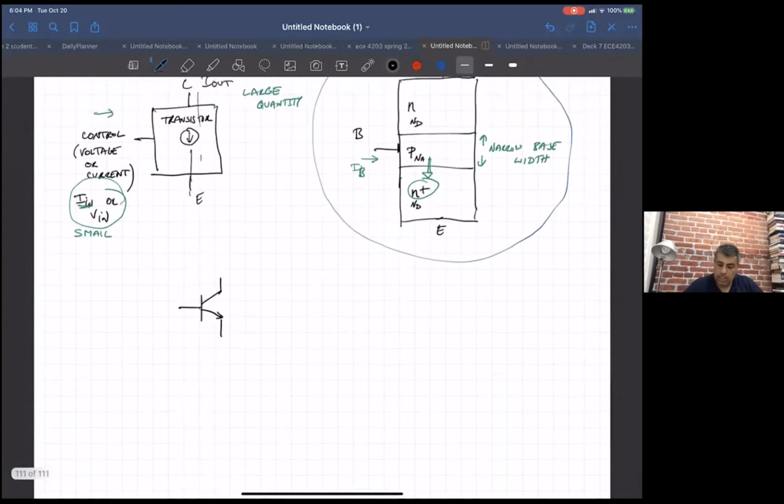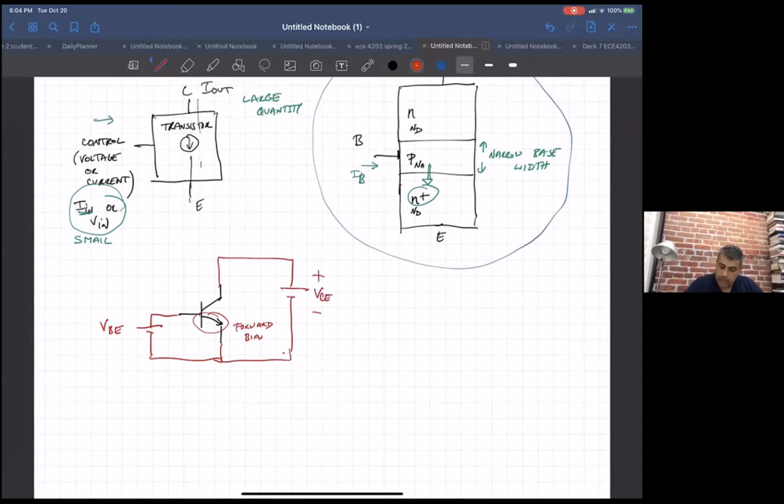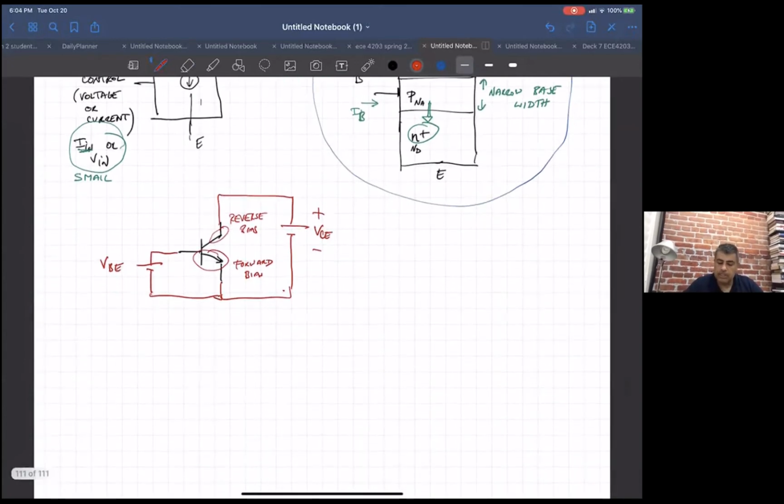What you know is, to get good gain out of this, you have to put a voltage here to make this junction forward bias, and you need to put a voltage here to make this junction reverse bias. So this is what you have control over: VBE and VCE.